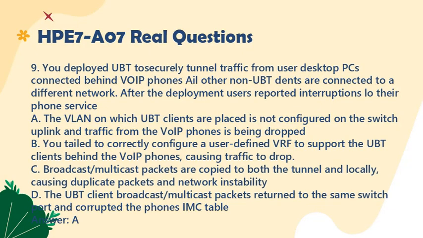C. Broadcast, multicast packets are copied to both the tunnel and locally, causing duplicate packets and network instability. D. The UBT client broadcast, multicast packets returned to the same switch port and corrupted the phone's IMC table. Answer: A.